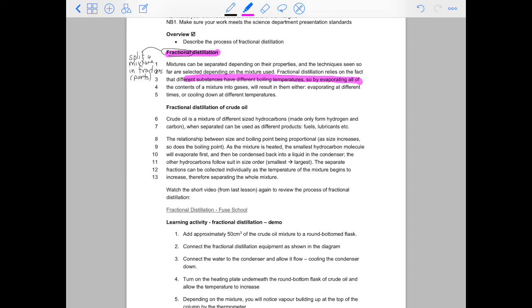And so by evaporating everything into a gas, so all of your liquid turns to gas, and if you slowly cool them down, the first things to condense have the highest boiling point.